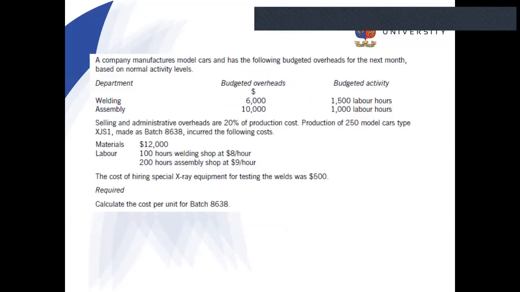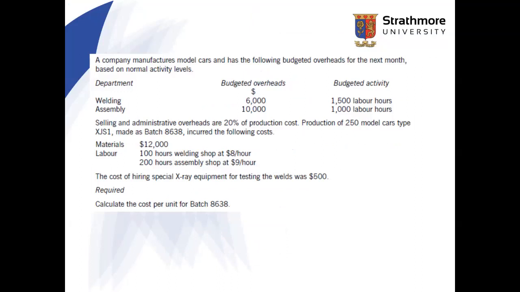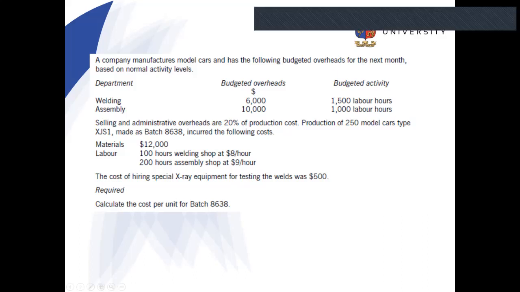The same way we did the job costing, where we first identified the material cost, then the labor cost, the sum of which gives us the prime cost, plus production overhead to give us the total production cost, plus the non-production overhead to give us the total cost of the product. In this case, the total cost of the batch. So make the attempt first before we do it together.